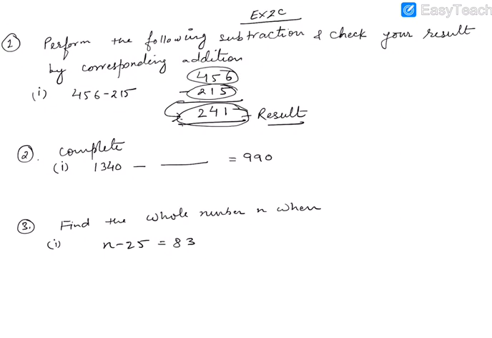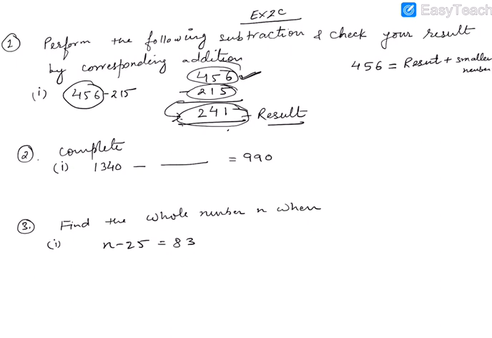Means 456, the bigger number, is equal to... what is corresponding addition? I am explaining to you. After the subtraction, the bigger number must be equal to result plus smaller number.